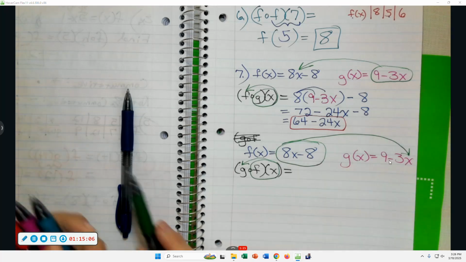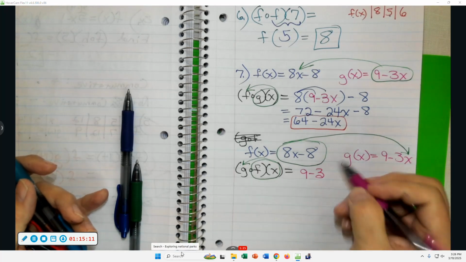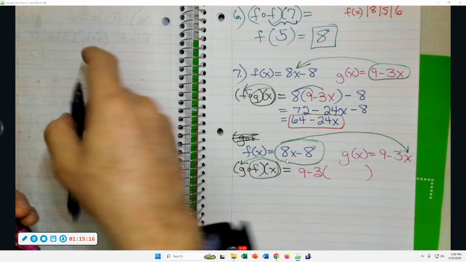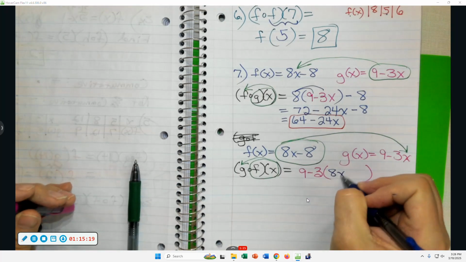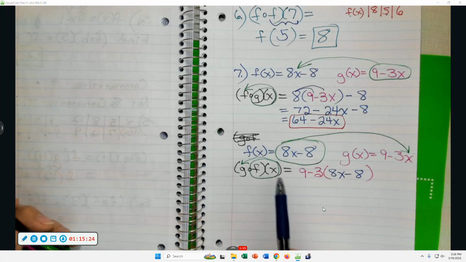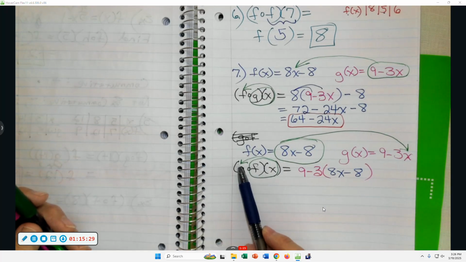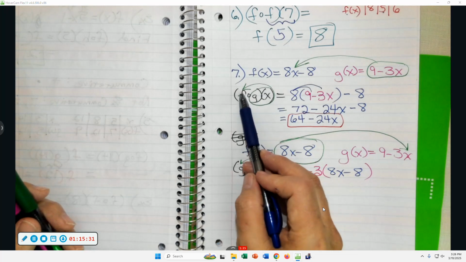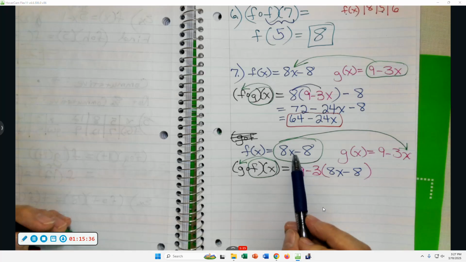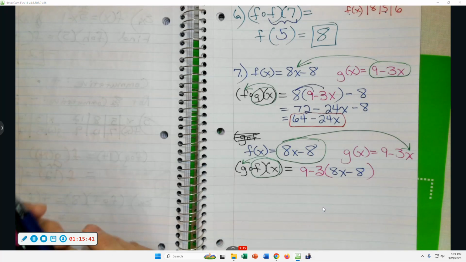So we have a pink 9 minus 3, which is not 6, and then we're replacing the x with the blue 8x minus 8. Any questions on our logic here? You take the second function, plug it into the first. The second function was f of x, and we plugged it into the first function, g.